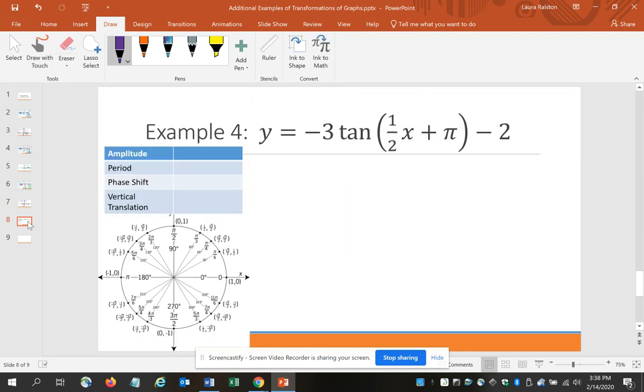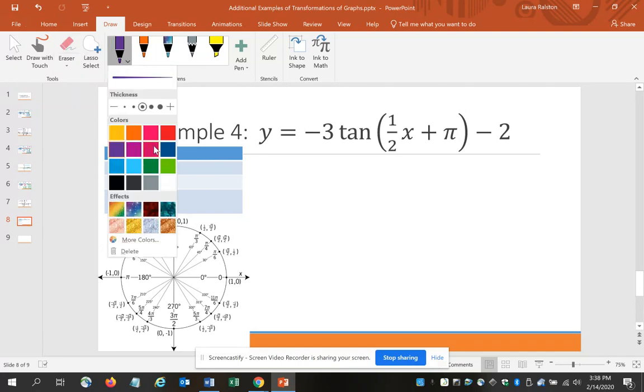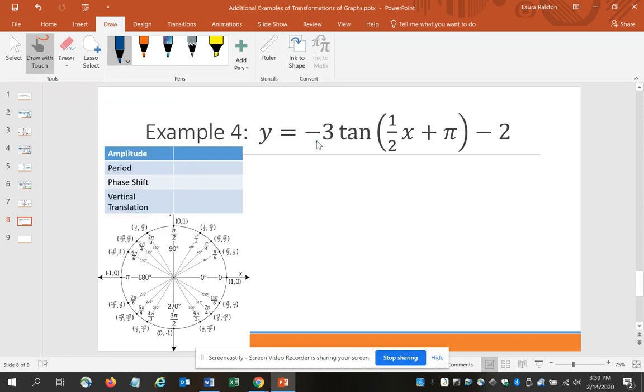Okay, so we have y equals negative 3 times the tangent of (1/2 x plus pi) minus 2. So again, we begin as we always do, and we identify all of our pieces. So in this case, I have A is negative 3.